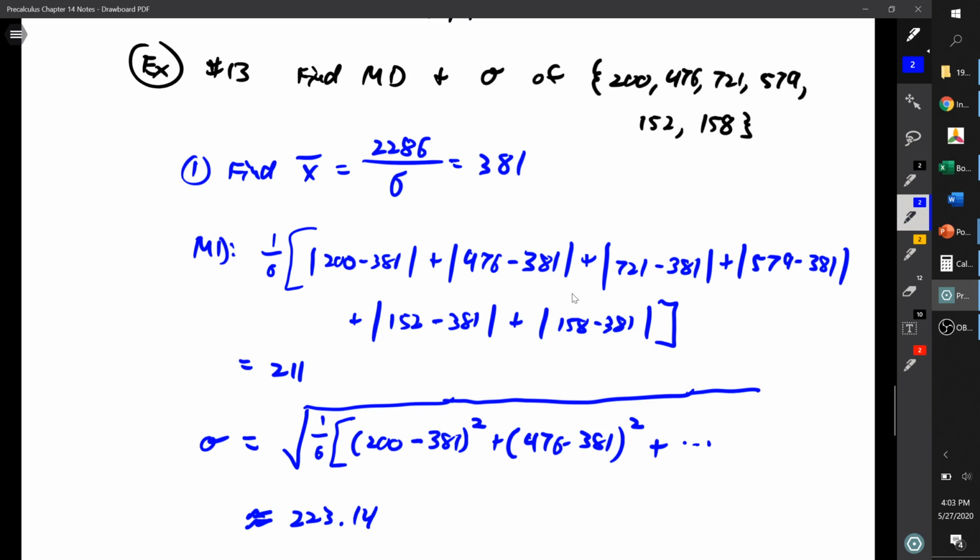The average distance away from the average is 211. That tells me that data is pretty well spread out, kind of all over the place. Not super all over the place, but pretty spread out. My data points are not tending to be very close to the average. They're tending to be spread out quite a ways.